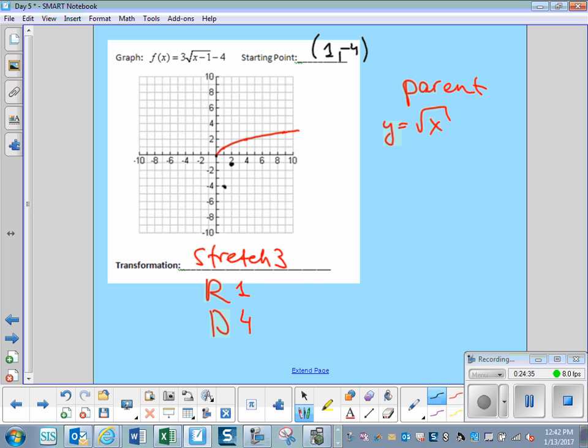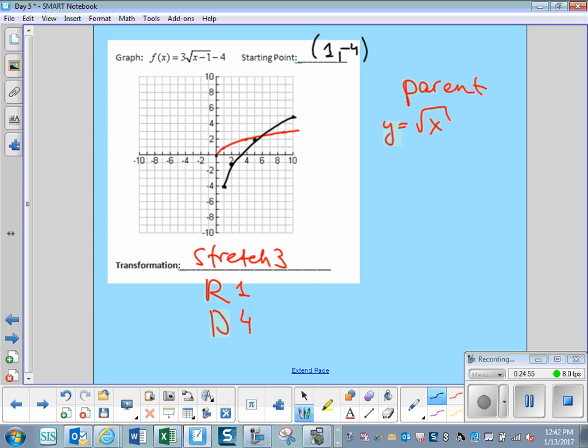Right here becomes 5, 2. It's pretty much enough for me, but I'll do one more. So 3 times 3, and then down 4, and then right 1. Now it's enough.